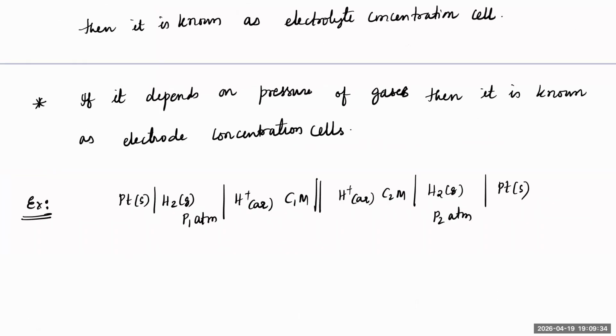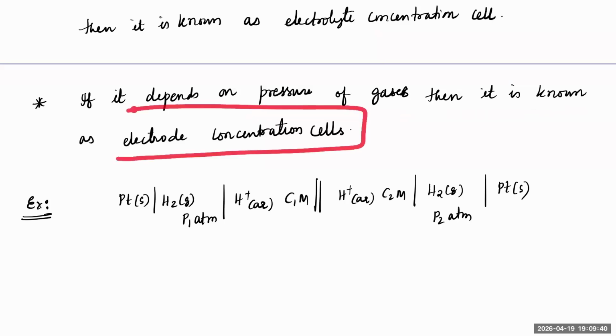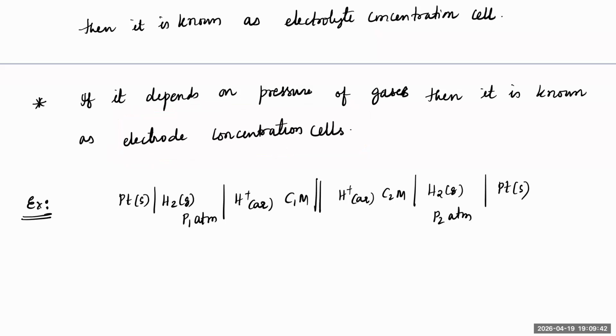If it also depends on the pressure of the gas, then it is known as an electrode concentration cell. If there is a pressure difference, then we call it an electrode concentration cell. Eventually, they are concentration cells altogether.